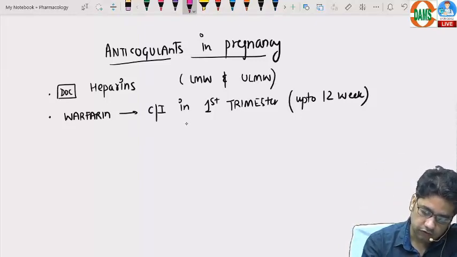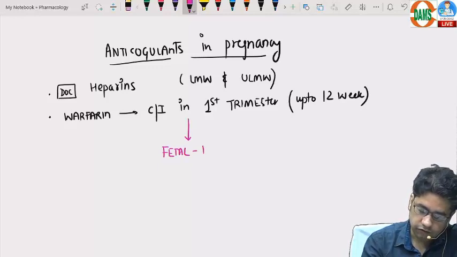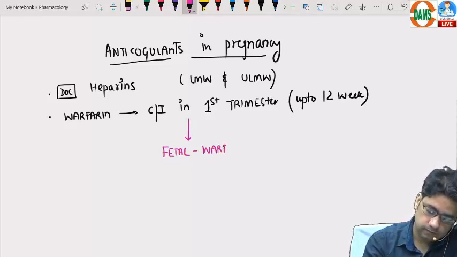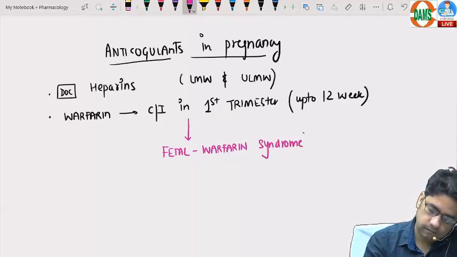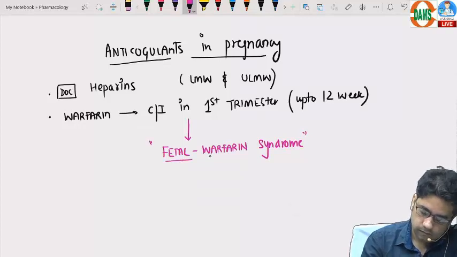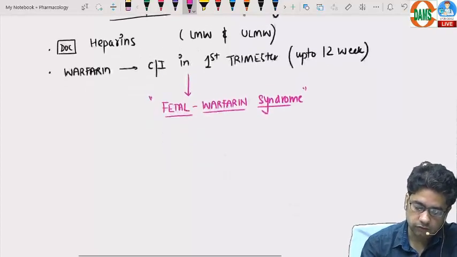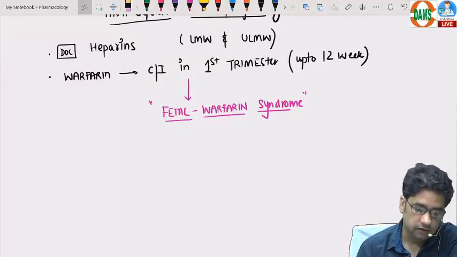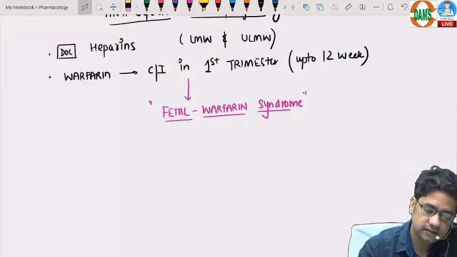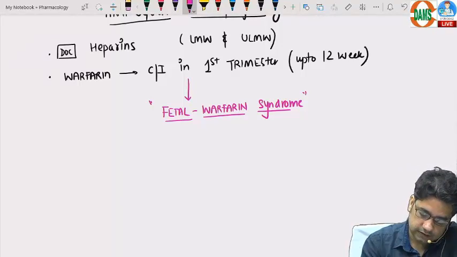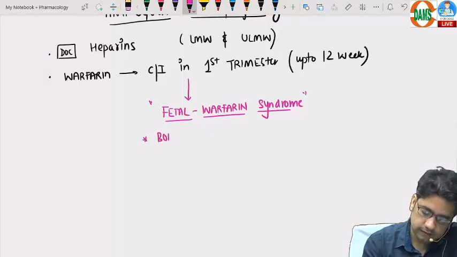Because warfarin causes fetal warfarin syndrome. Now what happens in fetal warfarin syndrome? It's very simple. There is bone and cartilage defect.